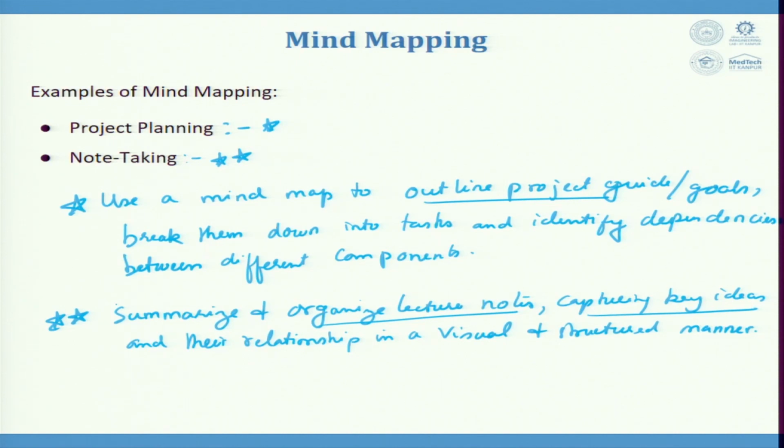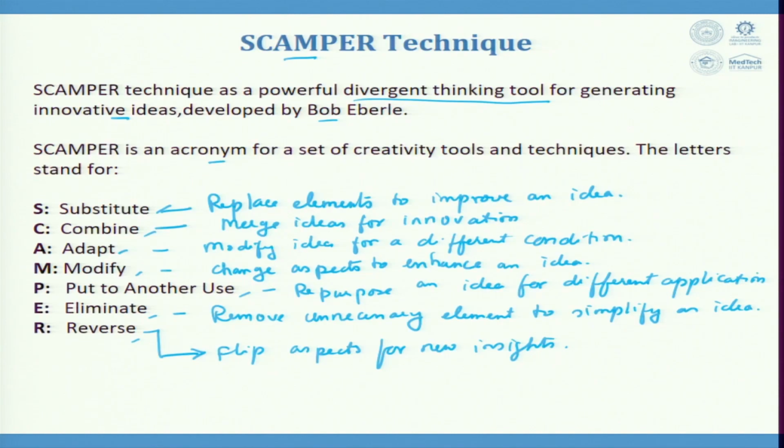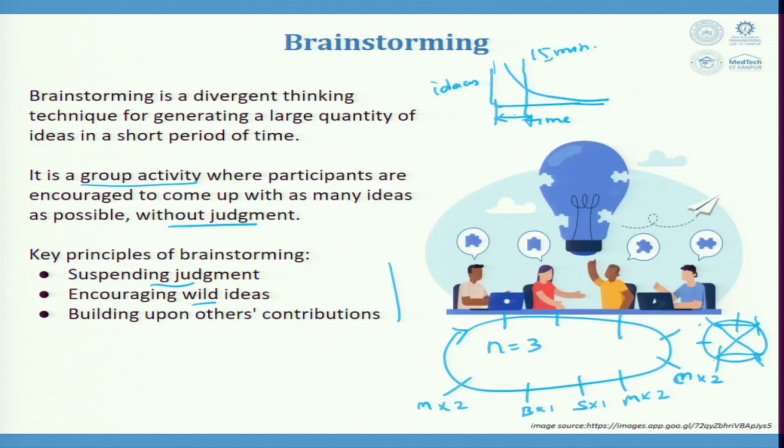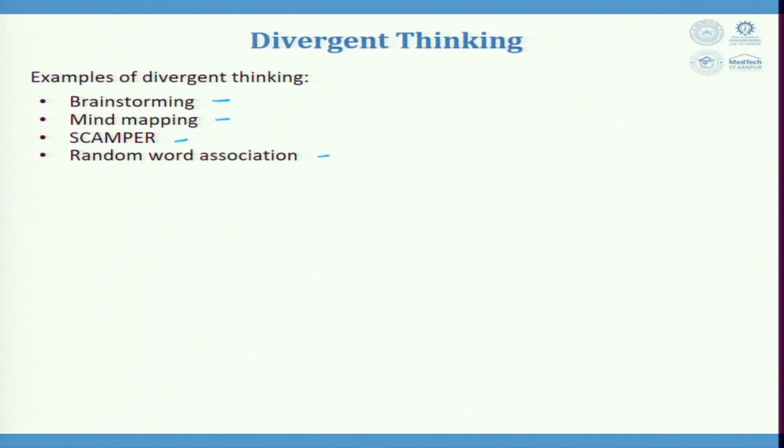So we have seen 4 techniques in creative thinking: brainstorming, mind mapping, SCAMPER, and random word association. All of them have their own advantage and disadvantage.